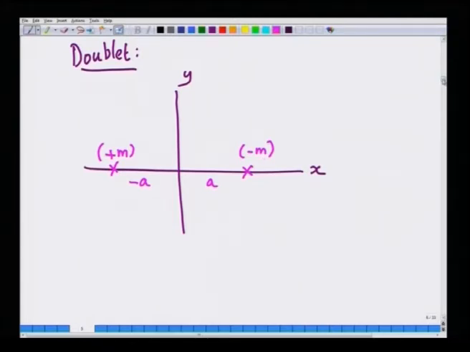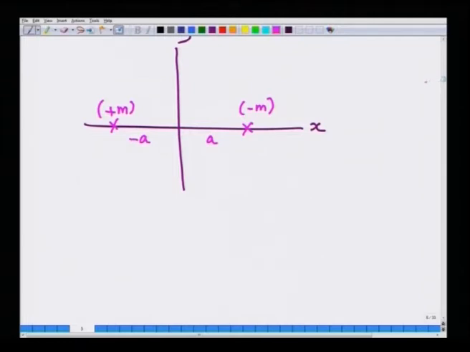So, we want to know what is the solution for this problem. This is called a doublet or a dipole, because you have a source and sink that are separated by a distance 2a. Now, by the argument I just told you, psi for the doublet is essentially psi source plus psi sink, because if psi source is a solution of the Laplace equation, and psi sink is a solution of the Laplace equation, then a combination of that is also a solution of the Laplace equation. Okay.